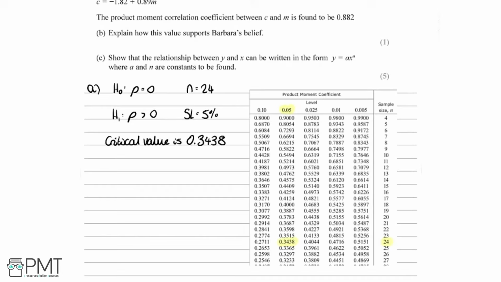Now I'm just going to draw out a little line to help us visualize the next bit. If we imagine in the middle at 0, it goes down to -1 and goes up to 1. Our critical value is 0.3438. I'm going to label that on really roughly, somewhere like here. Because we're seeing if it's greater than 0, this area here is our critical region.